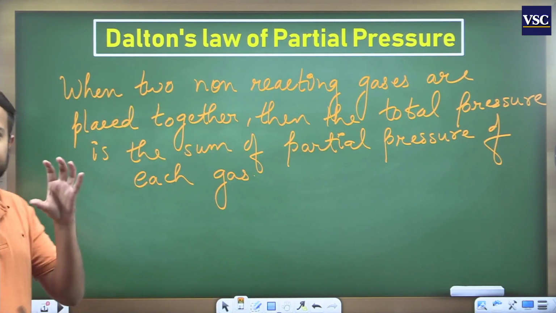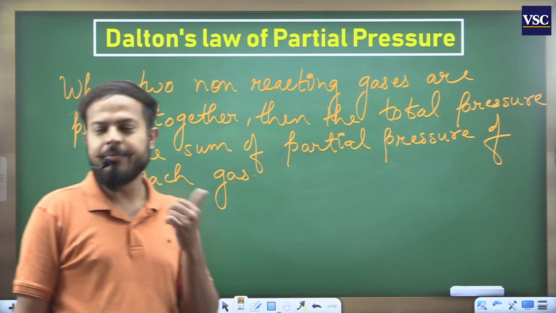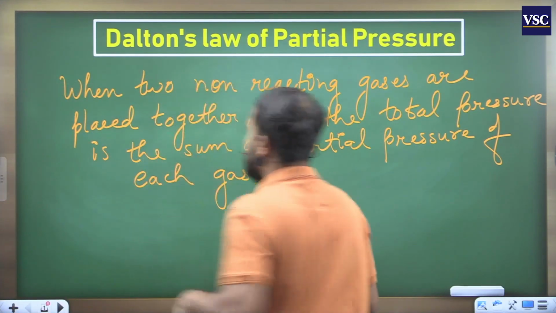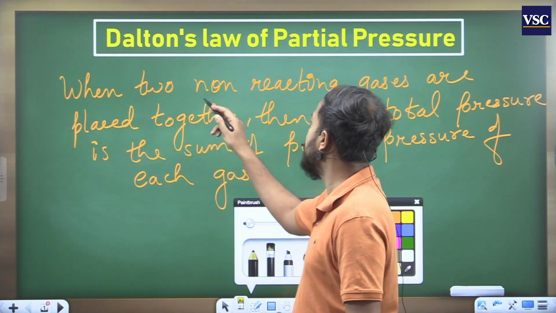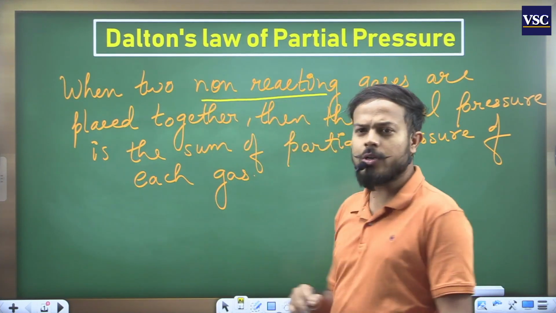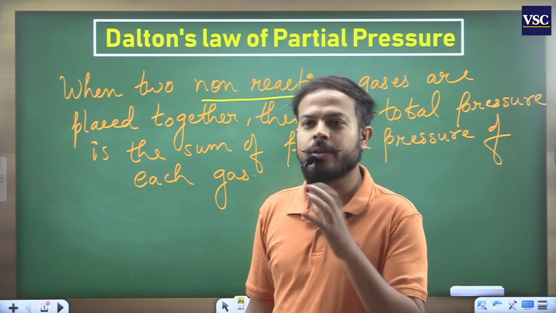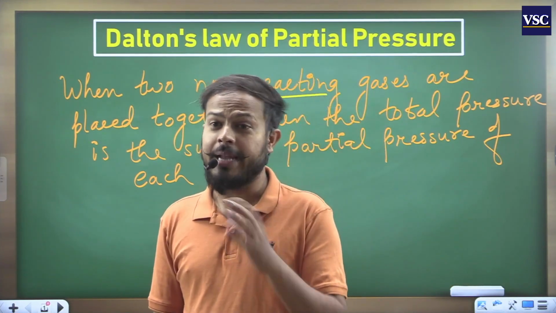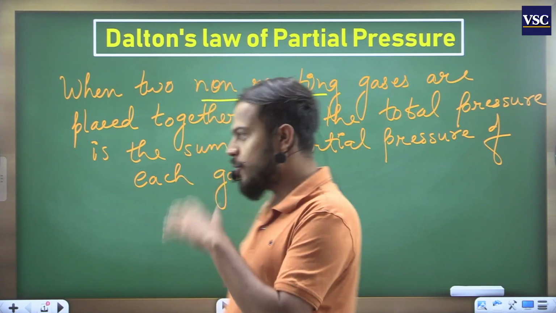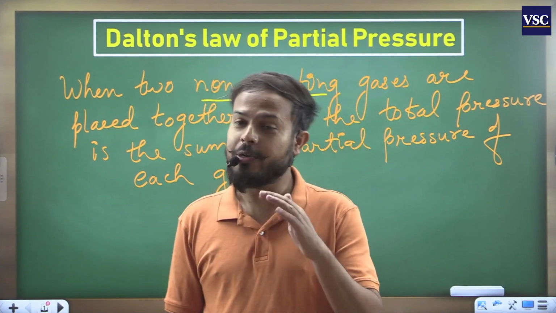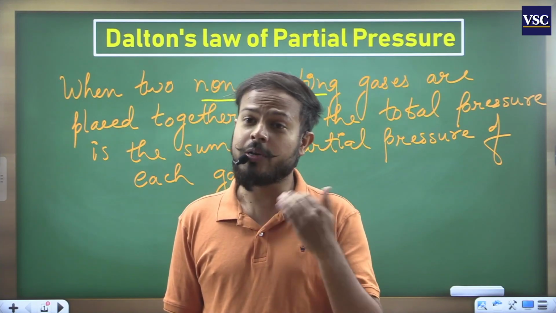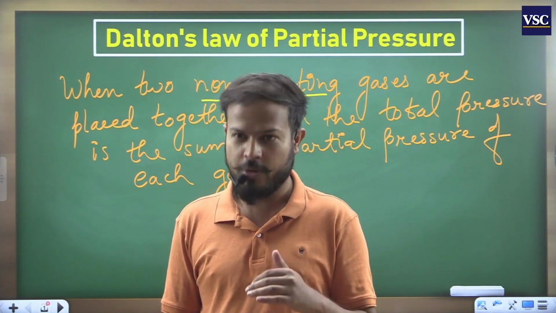Let's just understand one by one what it even means. First of all, the important thing is this phrase, two non-reacting gases. What are non-reacting gases? The gases which do not combine together. For example, N2 and O2. Some students might think that N2 and O2 combine together. No, N2 is a highly inert gas, so it requires high temperature to combine with oxygen.